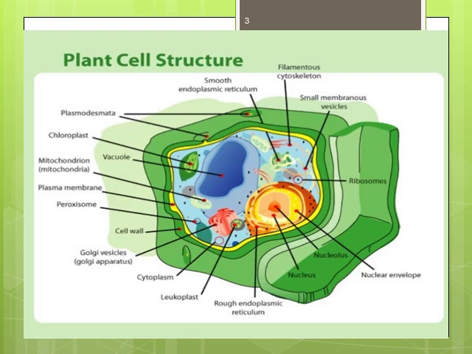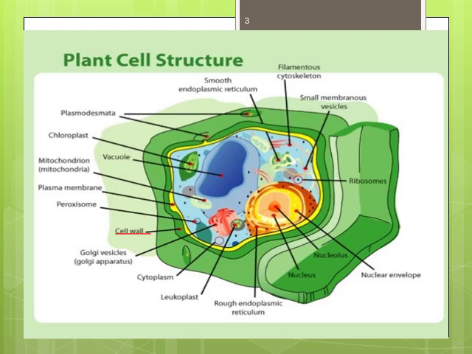As you see, there are a number of organelles and suborganelles present in the cell. You already studied this plant cell structure in your previous classes. So our focus in this slide is the cell wall.